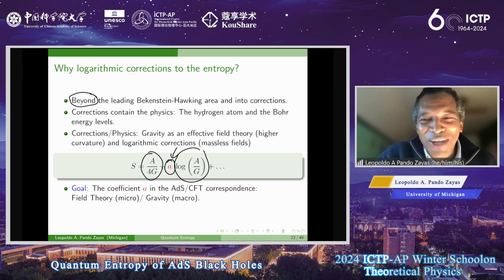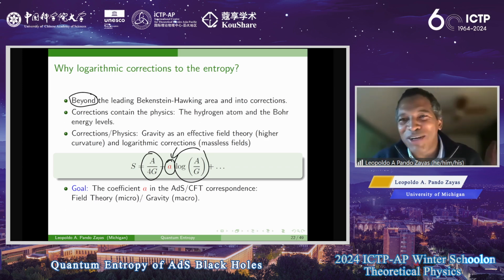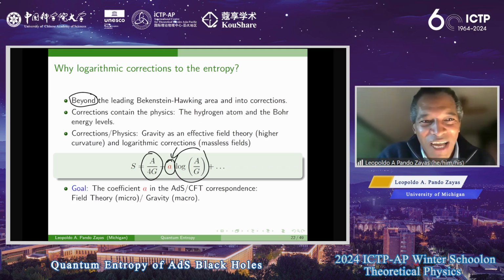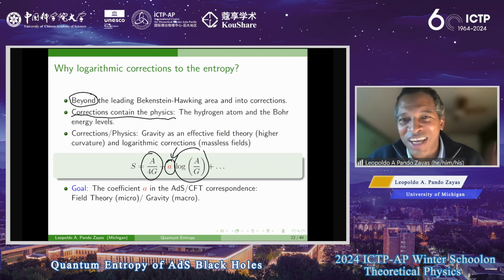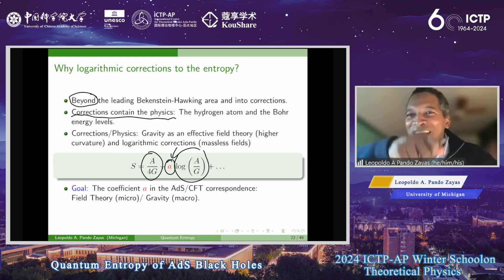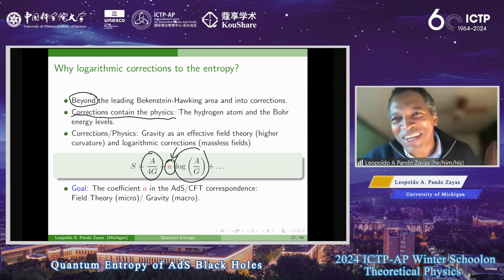Now, I do this not because I like complicated computations. I do it because I believe that corrections to a main result like this really contain a lot of where the physics lies. You can get the Bohr energy levels of an atom in many different ways. Thinking of a planetary model for the Bohr atom also gives you the right energies.